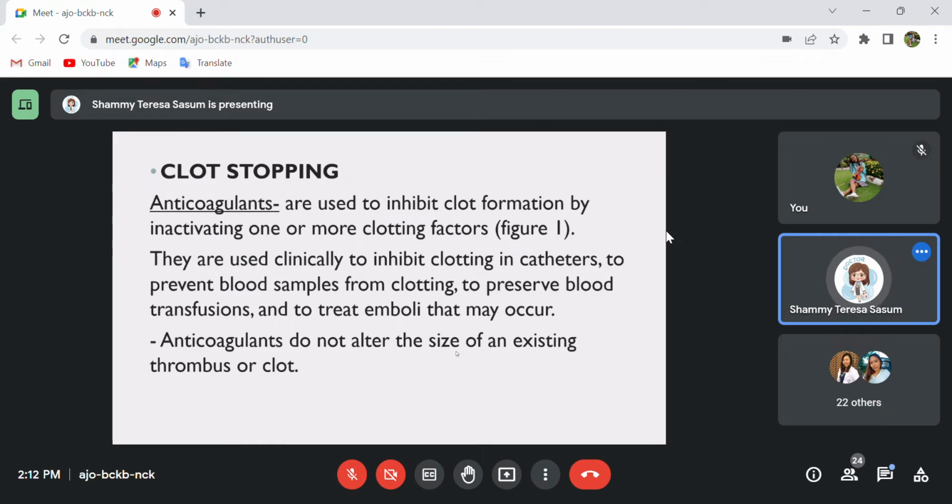Anticoagulants are used to inhibit clot formation by inactivating one or more clotting factors, as we discussed earlier. They are used clinically to inhibit clotting in catheters, to prevent blood samples from clotting, to prevent clotting in blood transfusion, and to treat emboli that may occur. Anticoagulants do not alter the size of an existing thrombus or clot.